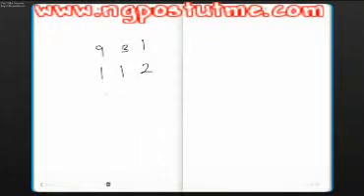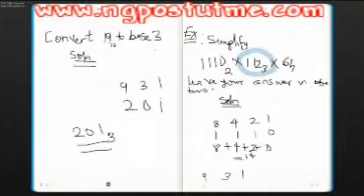9 times 1 gives me 9. 3 times 1 gives me 3. 1 times 2 gives me 2. By the time I add all these things together, I am going to get 14. So that means this number is 14 in base 10.